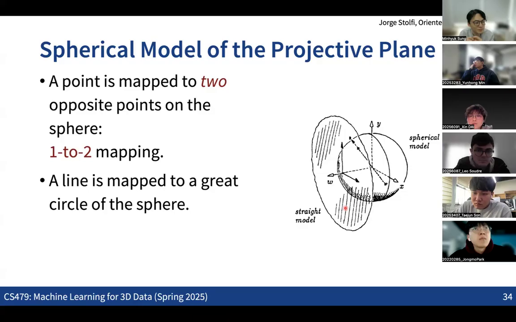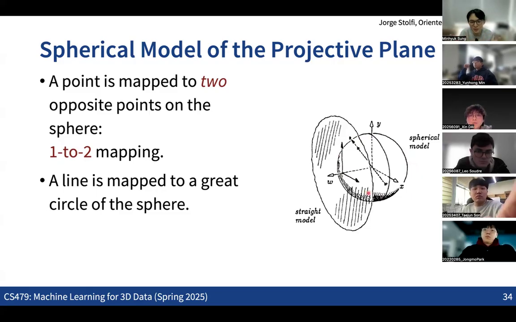Is it clear? Then how is a line mapped to the sphere? A line over the projected plane will also be mapped to a great circle over the sphere like this.